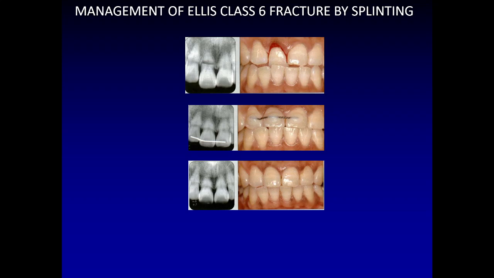Clear? Avulsion injuries, extrusion injuries, intrusion injuries, all flexible splints. Root fracture and alveolar bone fractures, semi-rigid splint or a rigid splint. I hope this is very, very clear.